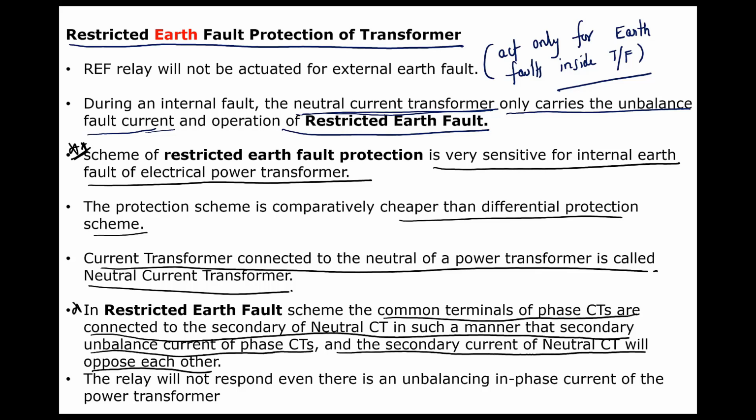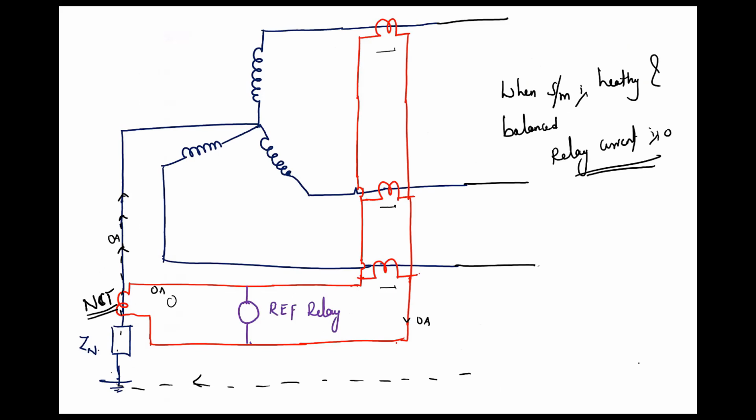This is one more important point. The CT connections are made such that the unbalanced currents in the phase CTs will oppose the secondary neutral CT current. So what is the point? It will only operate for internal earth faults of the transformer.